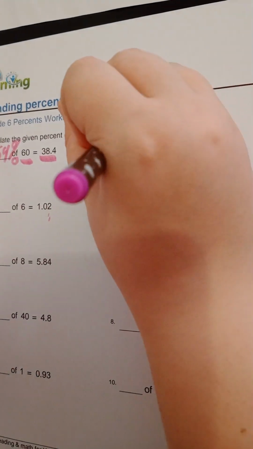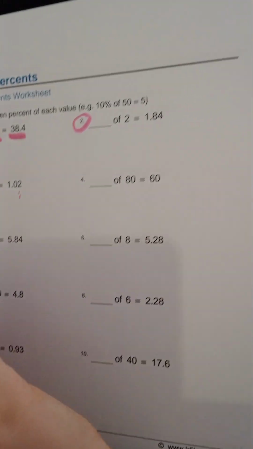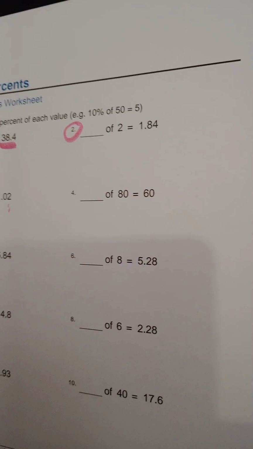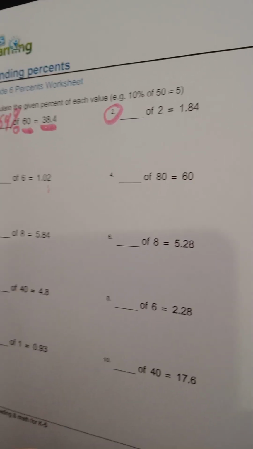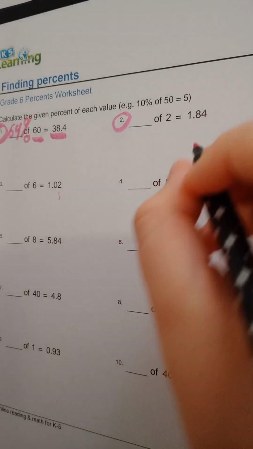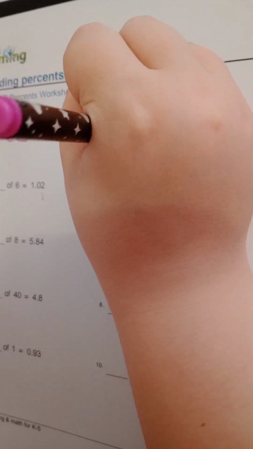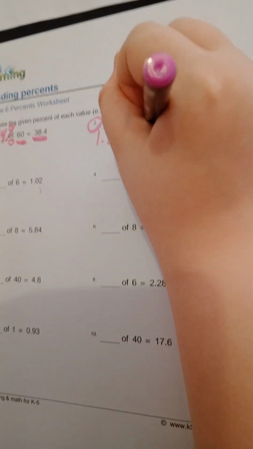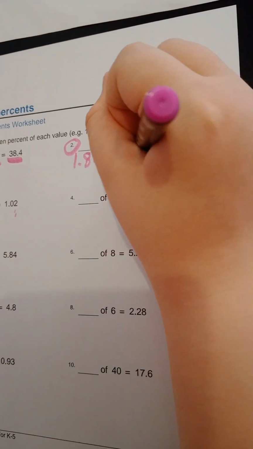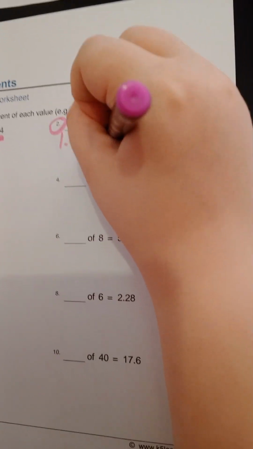Now, question 2. 1.84 divided by 2 times 100. I'll write it down here as well.